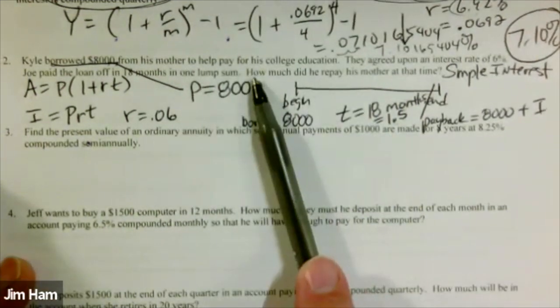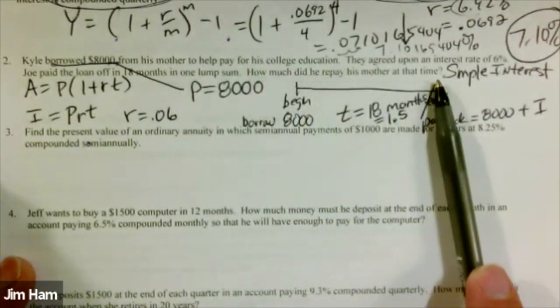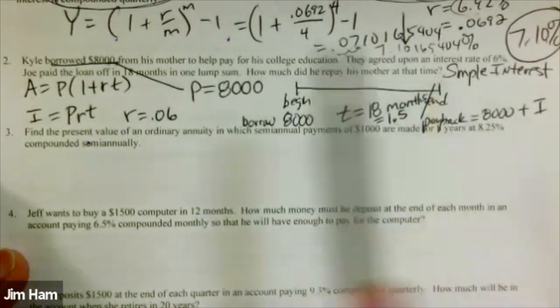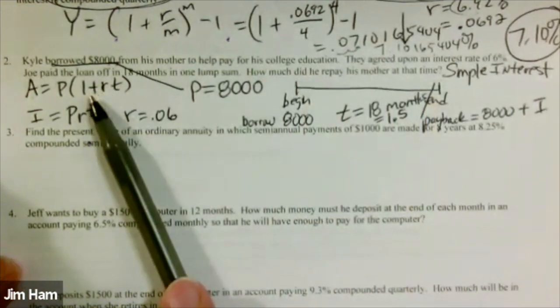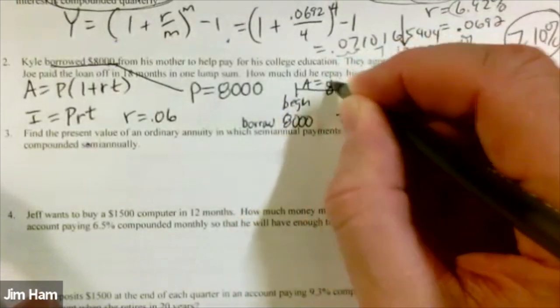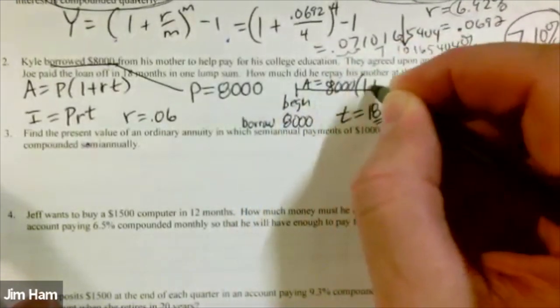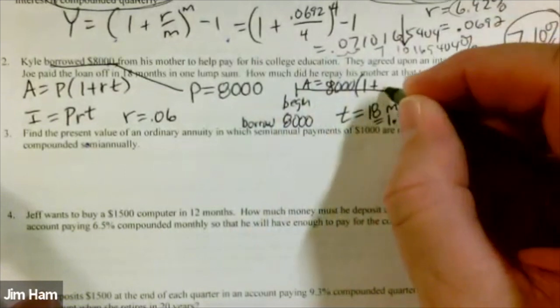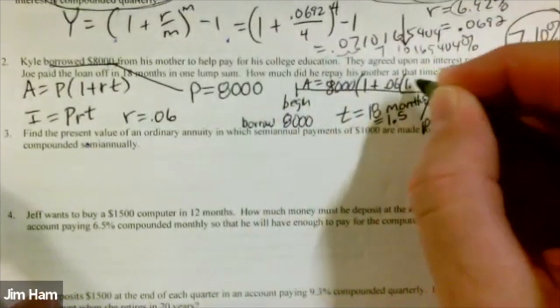All right, so how much does he have to repay at the end of the 18 months? Well, the appropriate formula that would work would be this one here. I got it in the chat. Okay, thank you. Yeah, all right, so Tasha has it in there. I'm just going to write down what she has. 8,000 times (1 plus 0.06 times 1.5).